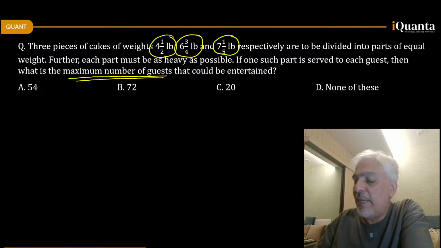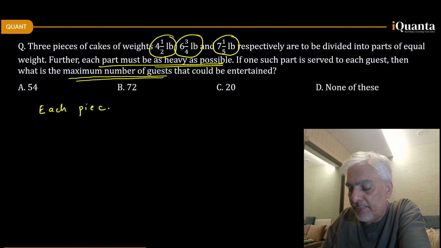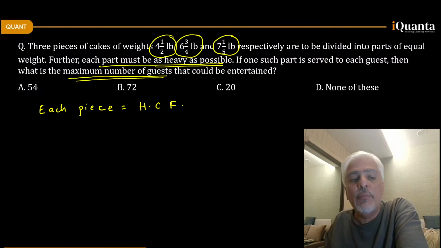And the cake must be, each part should be as heavy as possible. As heavy as possible. That means each piece is equal to HCF, highest common factor.